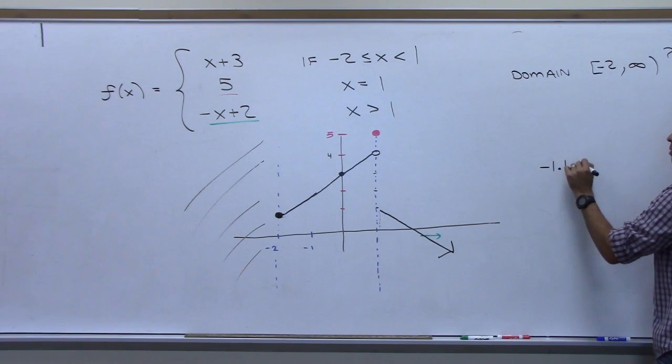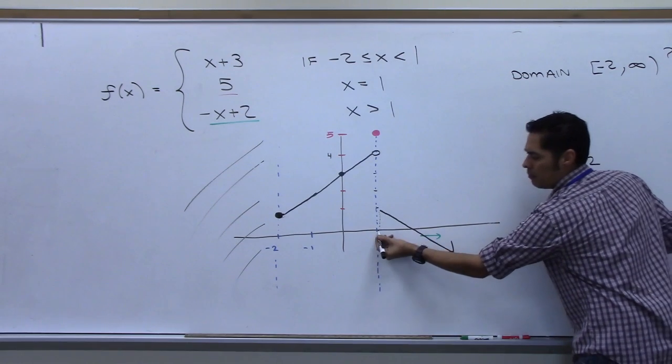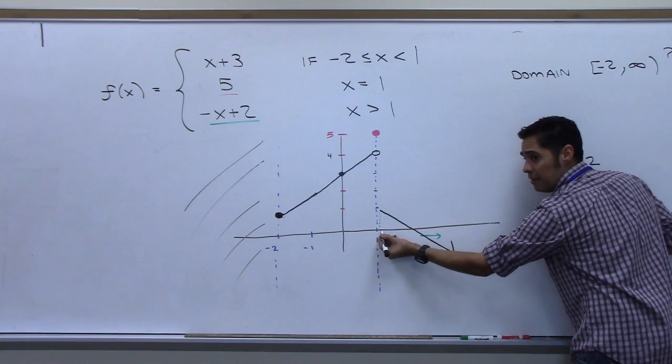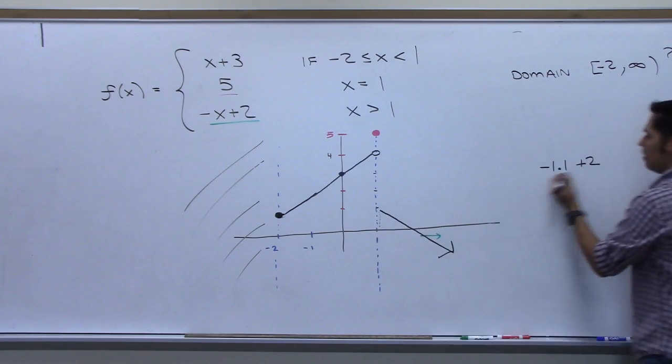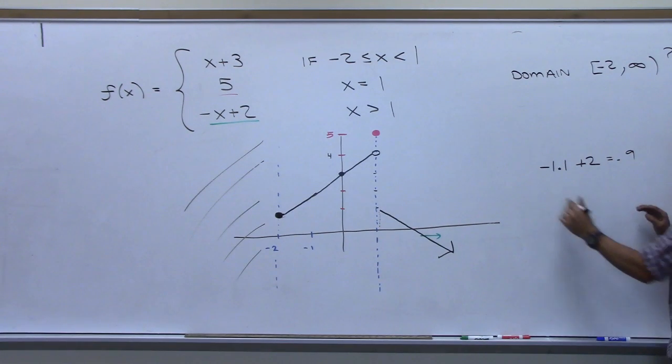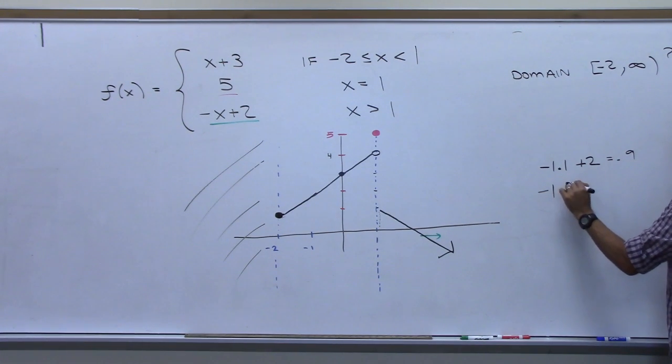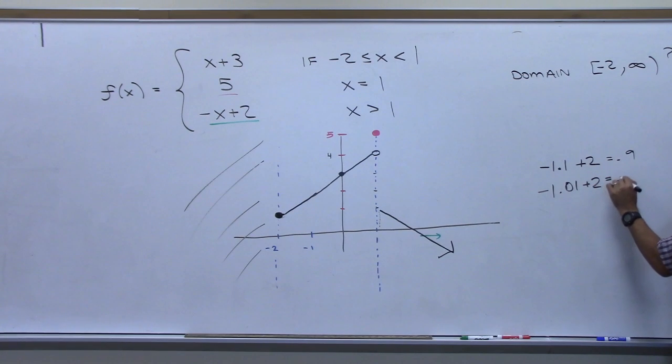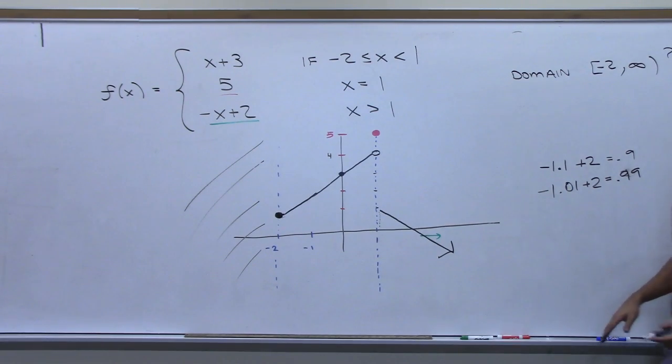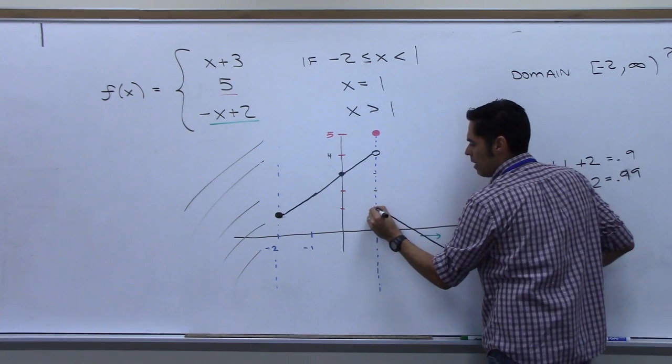Let's do this one. Let's say we're picking 1.1, which is right here, right? Plug that in, it'd be 0.9. But if you go negative 1.01 plus 2, it'd be 0.99, right? And so it's getting closer and closer to 1, which is right there, but it never reaches it.